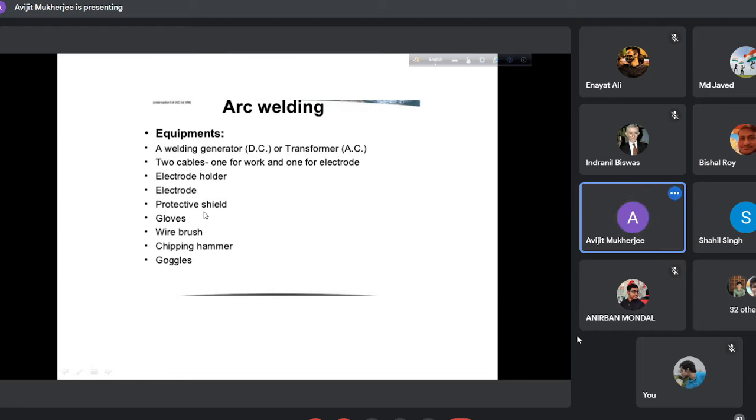Why? Because the rays generated are very dangerous. They contain ultraviolet rays and red rays, which may contaminate your retina. The eye may be damaged.